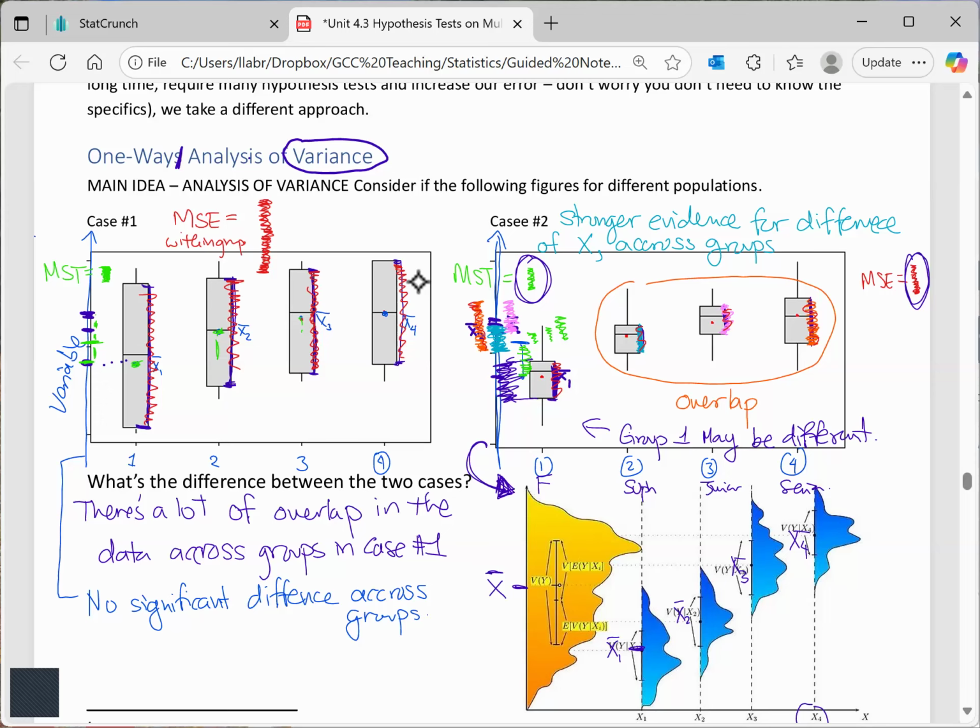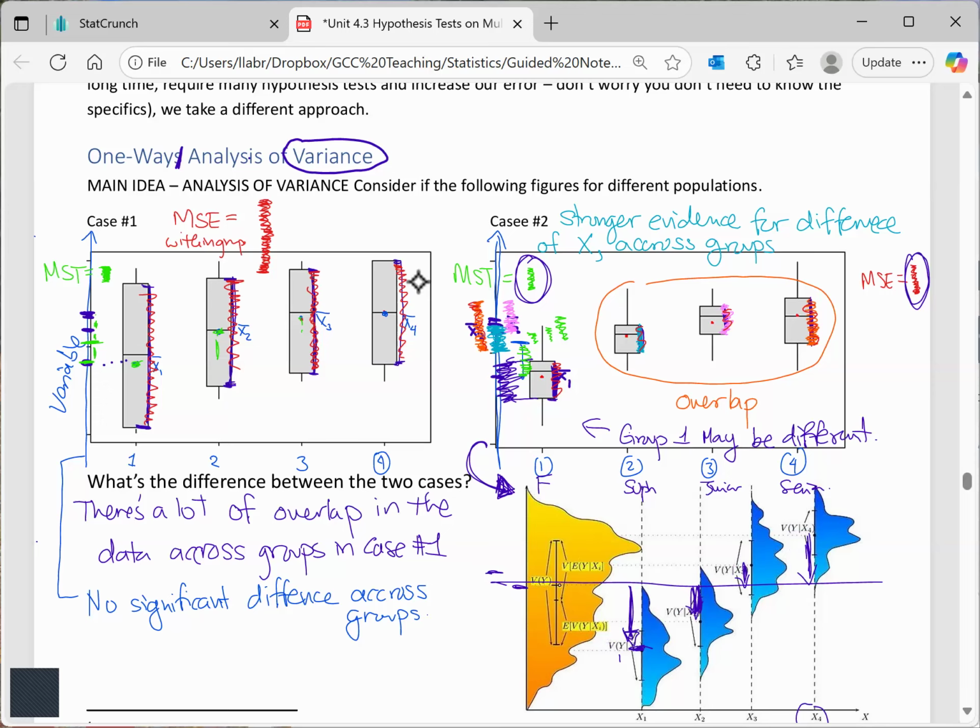And what I want to point out is that the further out these groups are, so here's the gap. So here's the overall center. Now look at how far away this center is. It's this much. Look at how far away this center is. It's this much here. This top one is this much, and then this top one is this one. And then you compare that length.